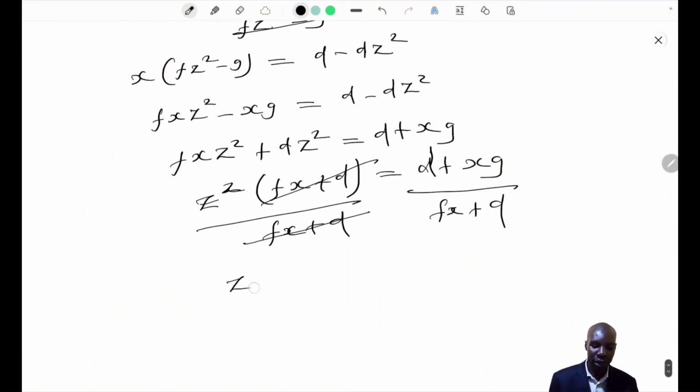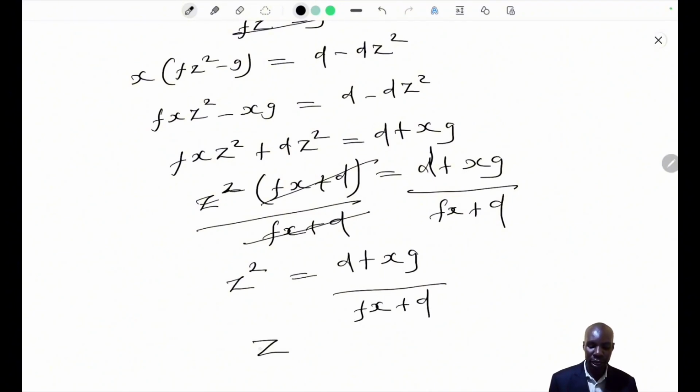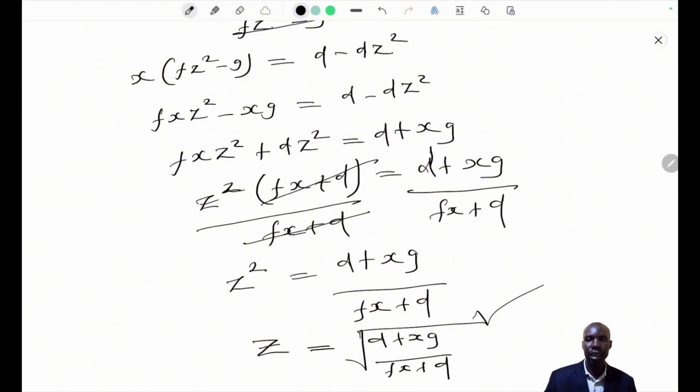We are left with Z squared equals D plus X G over F X plus D. So Z alone is equal to the square root of D plus X G over F X plus D. That is the answer for that.